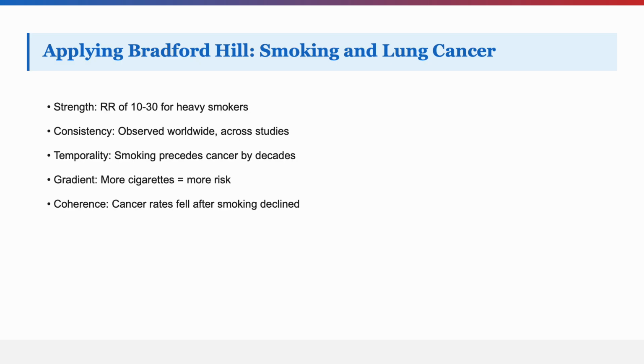We now know carcinogens in tobacco smoke cause DNA mutations. This mechanism wasn't fully understood when causation was first concluded, demonstrating that plausibility follows rather than precedes causal judgment. The totality of evidence convinced even skeptics. By the 1964 Surgeon General's report, causation was established.